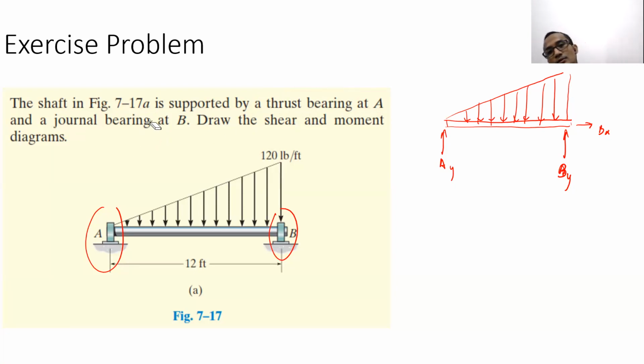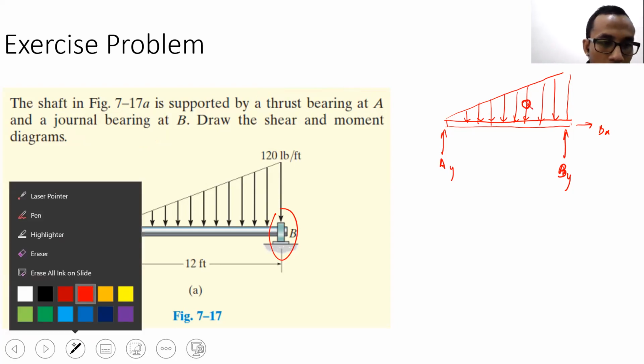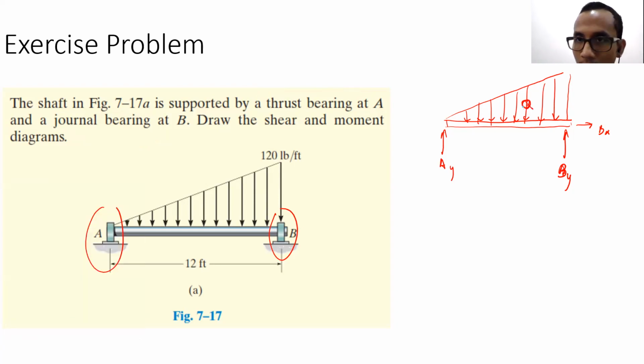Okay, Darian, what are we supposed to do next? Find the resultant of the distributed force. We have to find the representative concentrated force, right? Yes. I'll put it in a different color. So this one is the representative concentrated force.